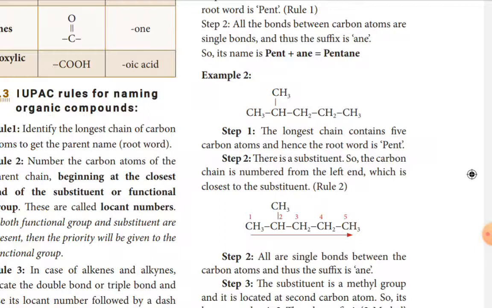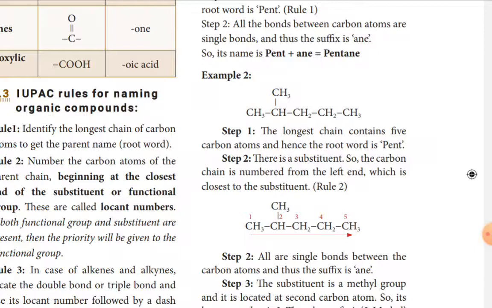Why? Because the substituent should get the lowest possible locant number. When you start from the right hand side, that substituent is not going to get the lowest possible number. You will get 1, 2, 3, 4; 4 will come. But when we start from the left hand side, that substituent gets the lowest possible number, 2.